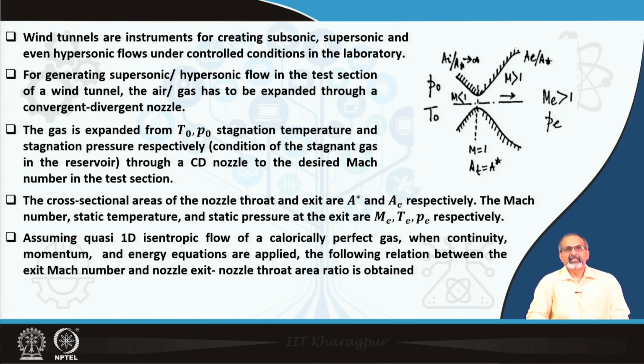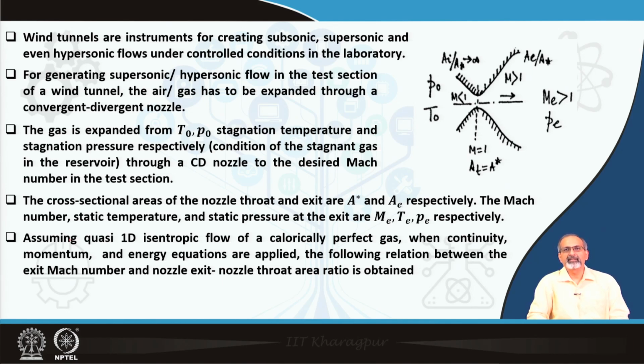We have the stagnation temperature and pressure respectively T naught and P naught, from where the expansion starts, and as the gas moves through the CD nozzle, the static properties, both temperature and pressure, would be reducing. If it is a choked throat, then sonic condition is reached if it is an equilibrium flow at the throat of the CD nozzle.